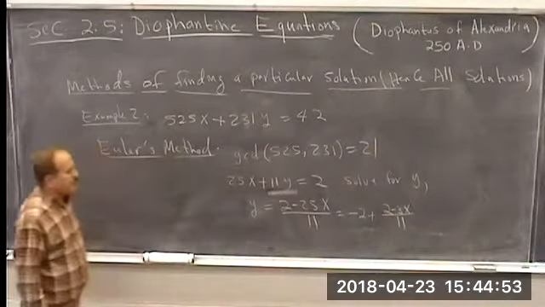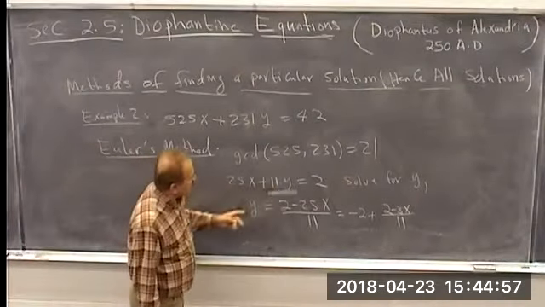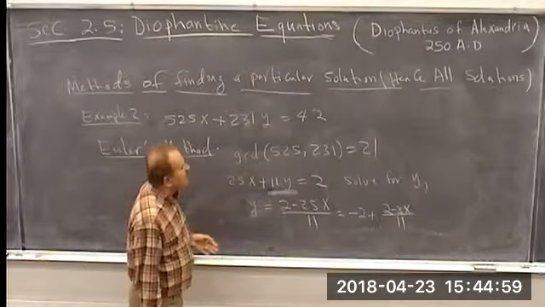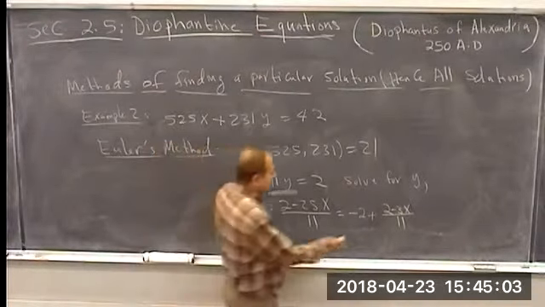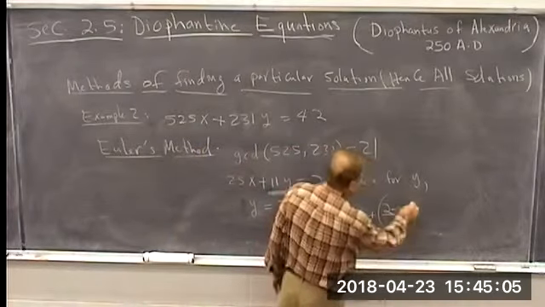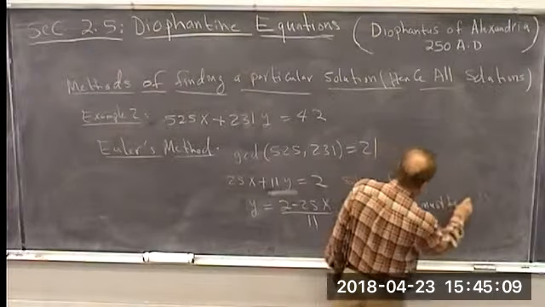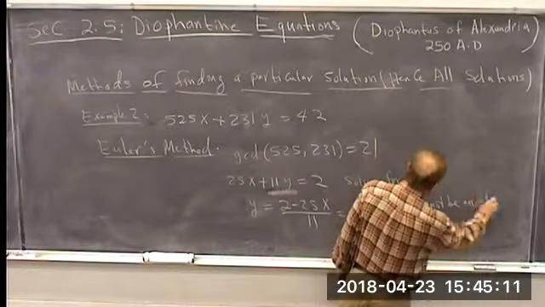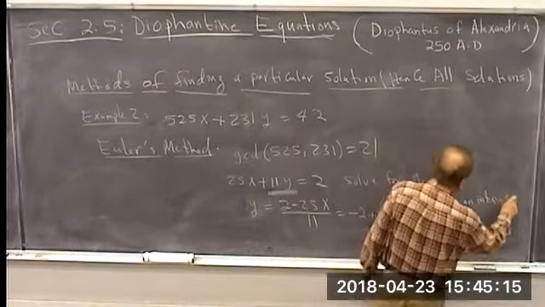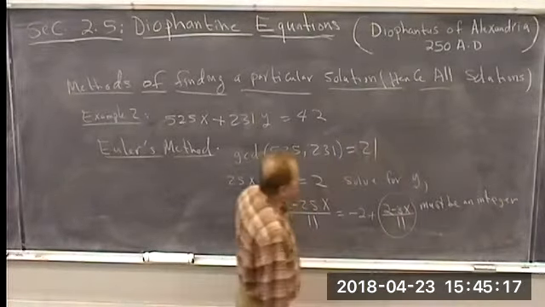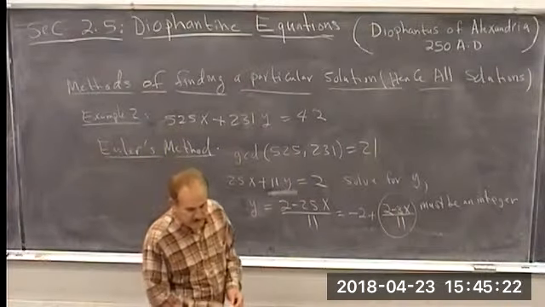All right? Now, since x and y are integral values, we're looking at the values of x and y to be integers that satisfy this. This must be an integer in order for the y that we solved for to be an integer. So we're going to name this integer with a letter.